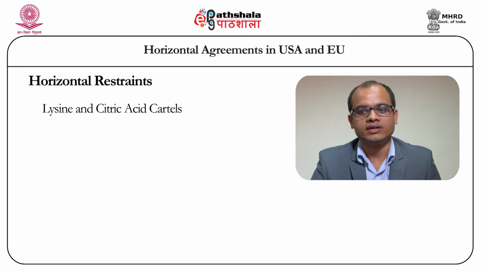A joint effort by the antitrust division of the US Department of Justice and the Federal Bureau of Investigation resulted in the conviction of 5 companies and 6 of their executives and heavy criminal fines. So you can see that there are heavy criminal fines if you are indulging in price fixing cartels.